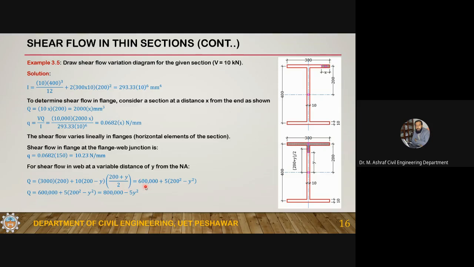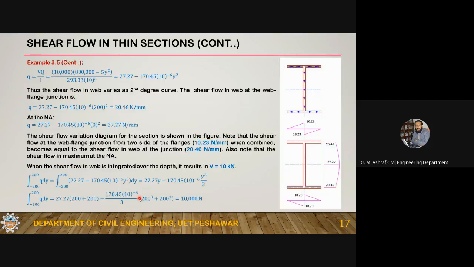So 200 minus y, 200 plus y by 2. So this is 600,000 plus this one, simplify this, so 800,000 minus 5 y square. Now the shear flow is VQ by I. Plug in the values, so you will get 27.27 minus 170.45 into 10 to the power minus 6 y square. So this is the shear flow variation diagram.